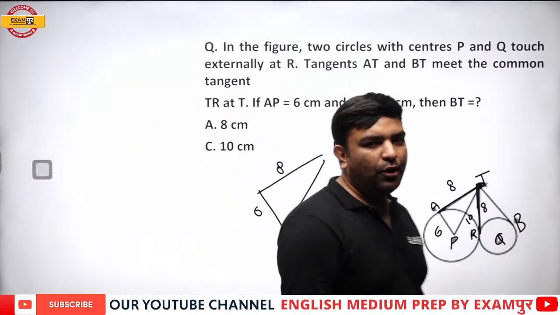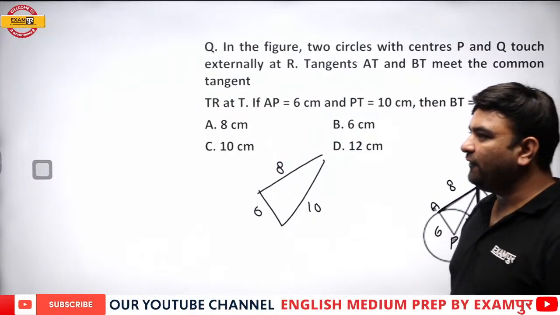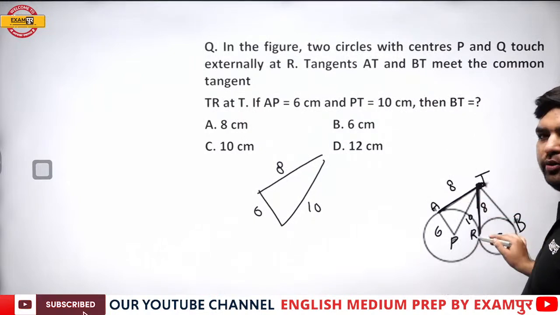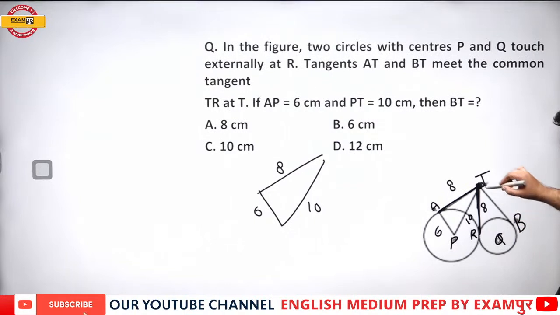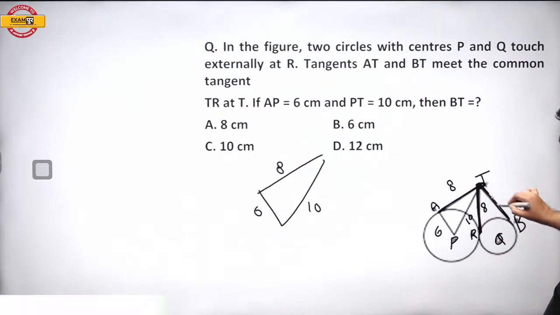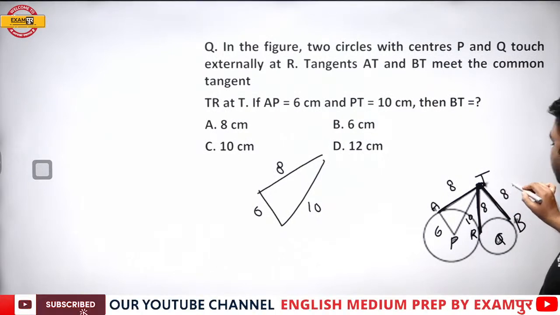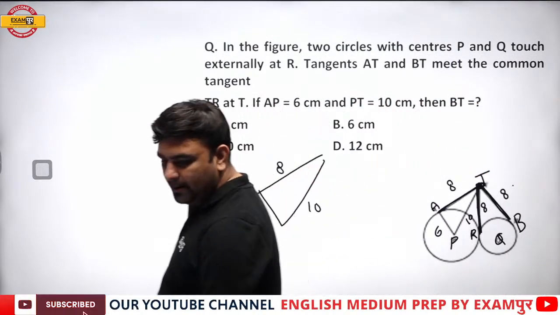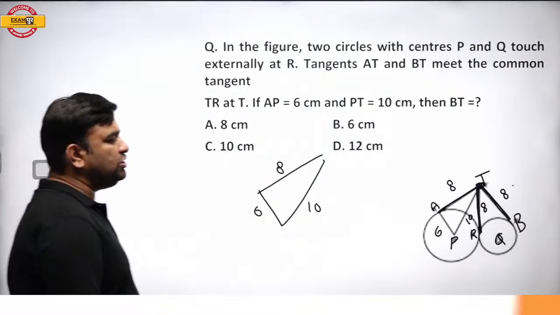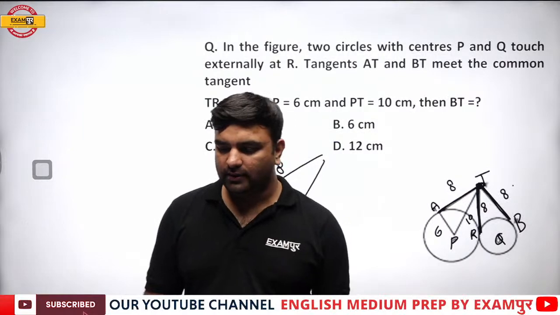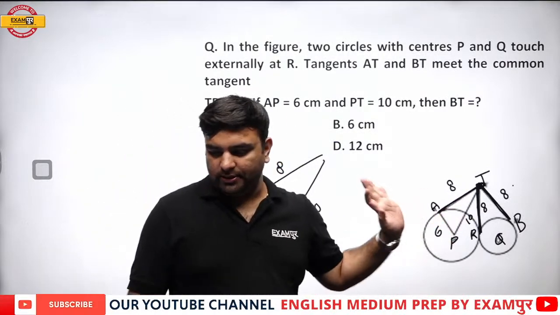Two tangents drawn from an external point to a circle are of equal length, so if this is 8, this is also 8 here.